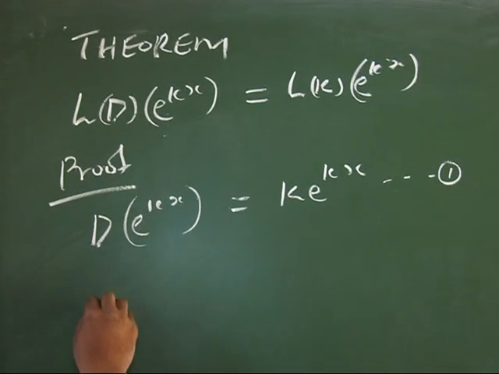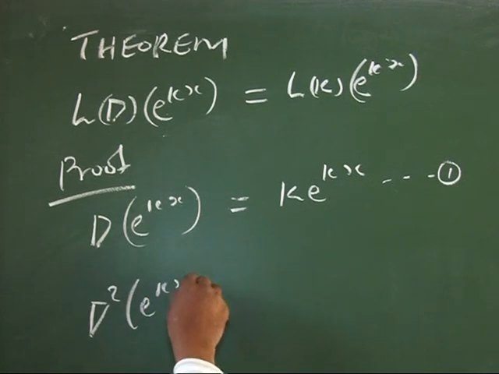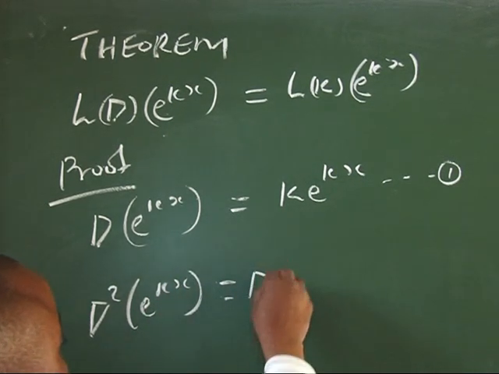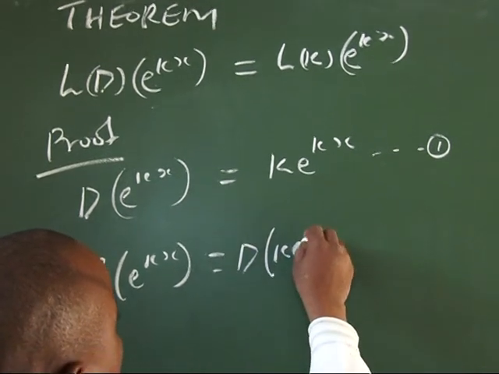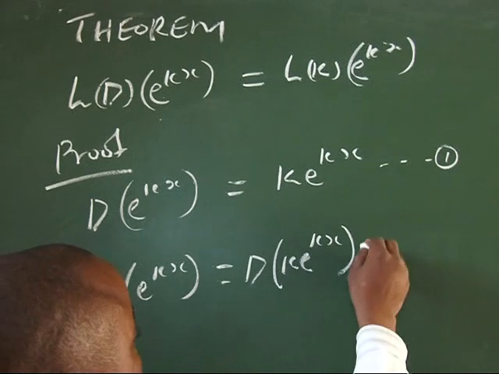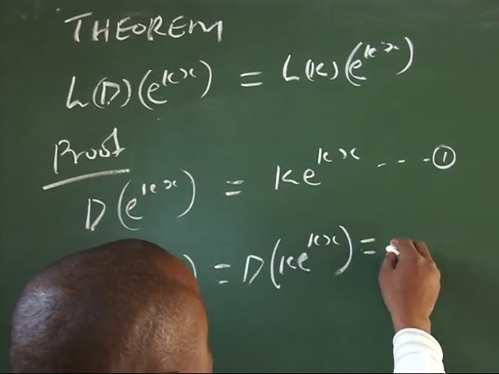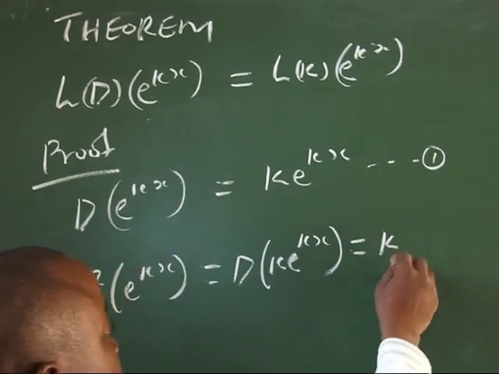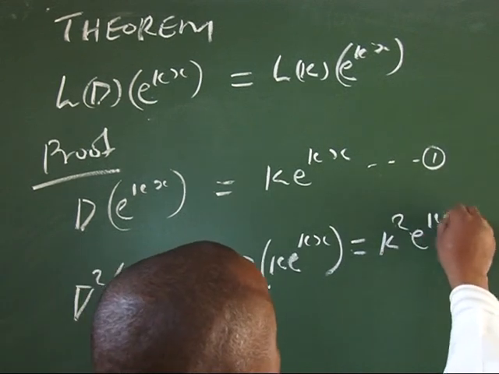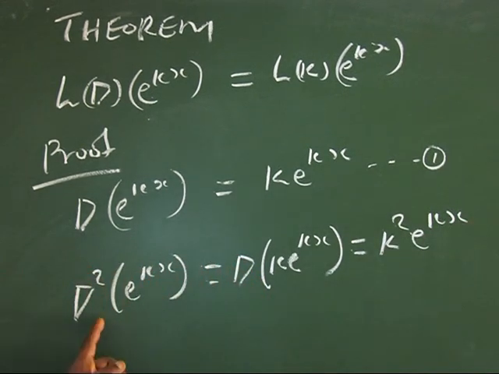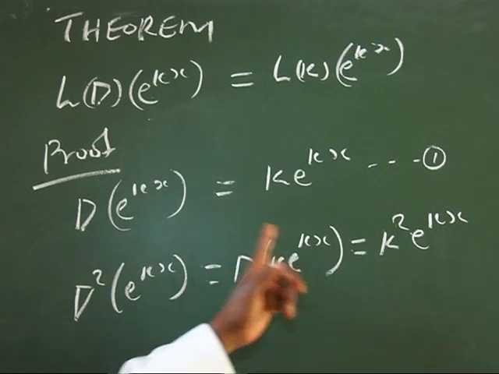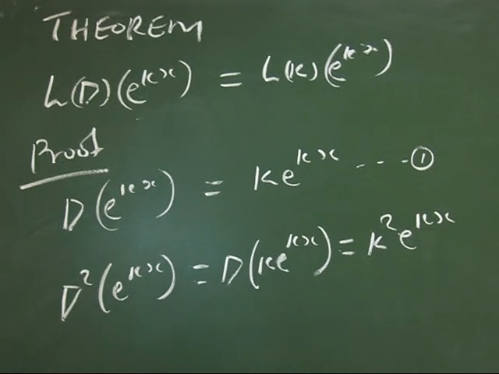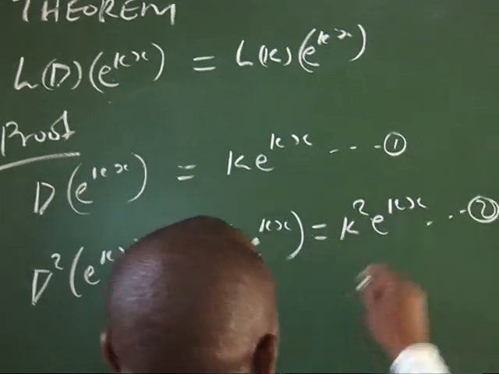We also know that d squared exponential kx will be equal to d of k exponential kx, which is equal to k squared exponential kx. From here, we differentiate one time, we reach here. Differentiate it again, we reach here. So we have this as equation 2.